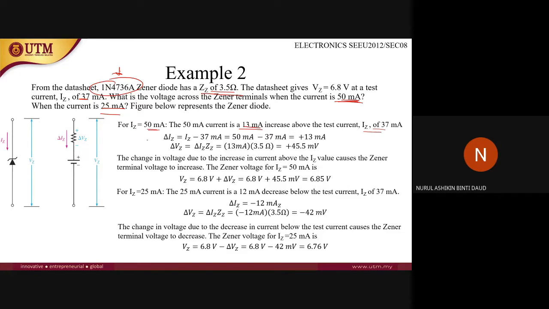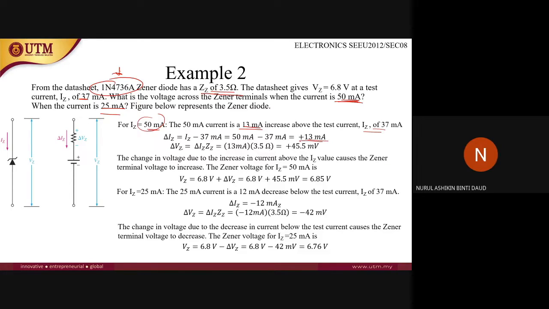So you can find delta IZ. Delta IZ is IZ minus the Zener test current, so 50 minus the Zener test current gives you 13 milliampere.